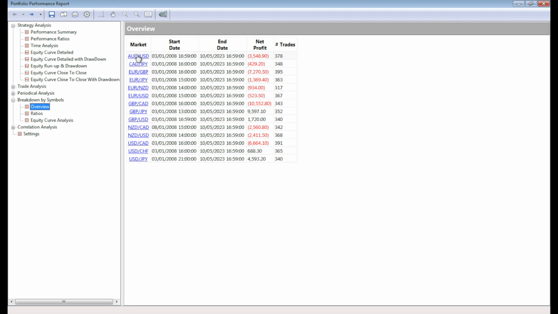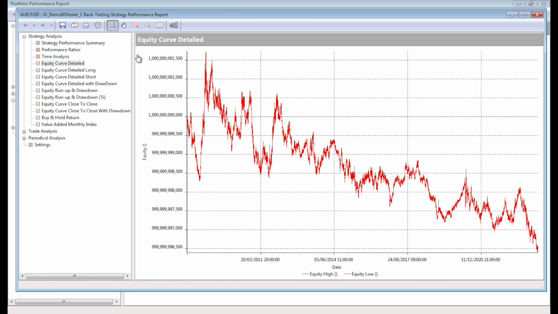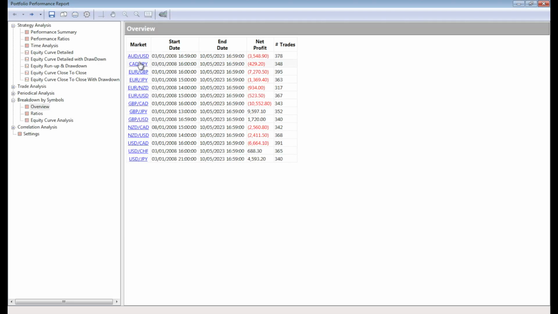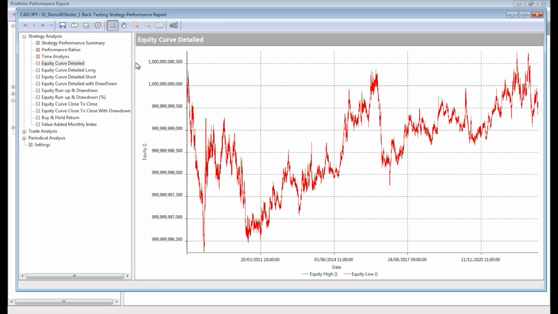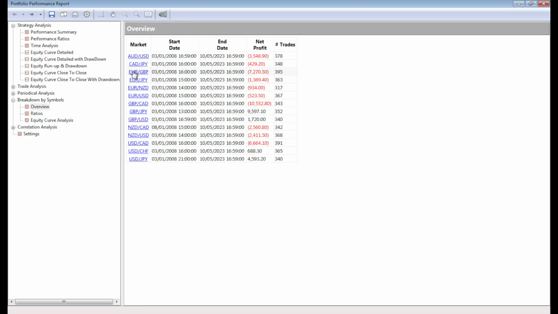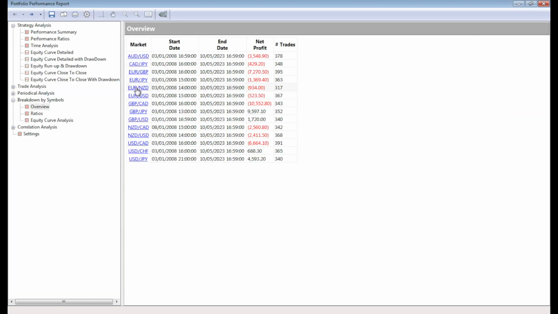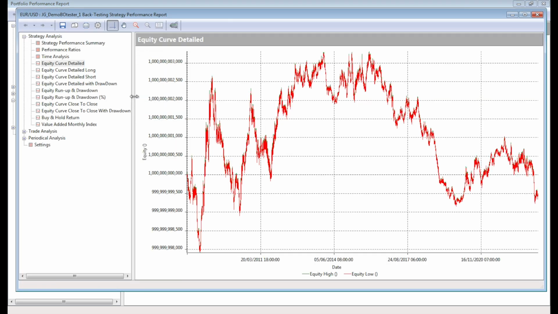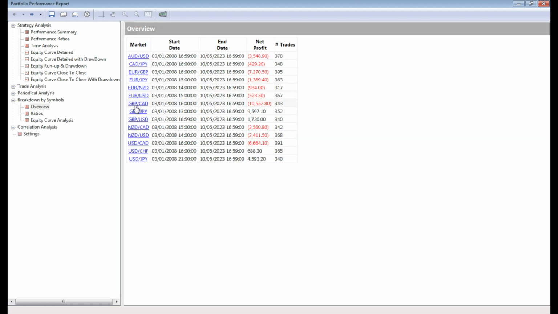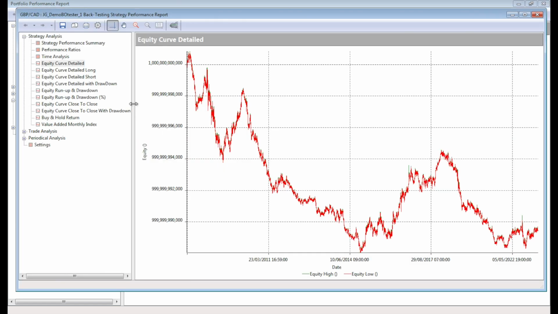We'll quickly run through looking at the equity curves. Australian dollar US dollar, Canadian, Japanese yen, Euro pound, Euro yen, Euro New Zealand, Euro dollar, Pound Canadian.